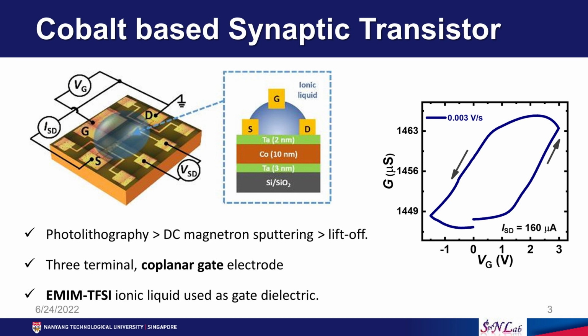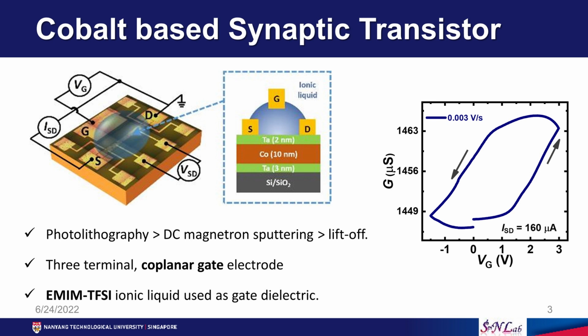The cobalt-based synaptic device was fabricated using photolithography and lift-off process. The cobalt thin film, which was the channel, was deposited using sputtering. For this synaptic device, we have used an ionic liquid as the gate electrode.